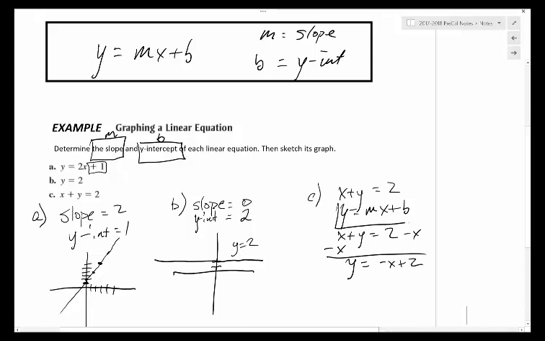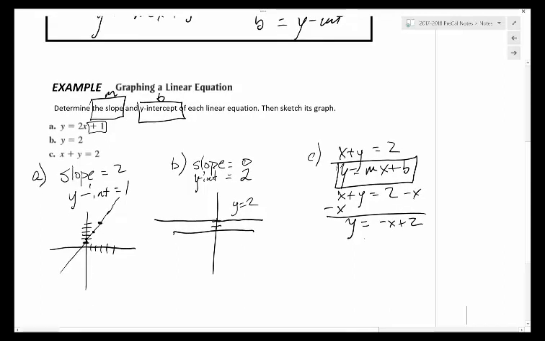Remember, I want it in this format. I've been given it in another format. So now I can see my slope. My slope is negative 1, and my y-intercept is 2.